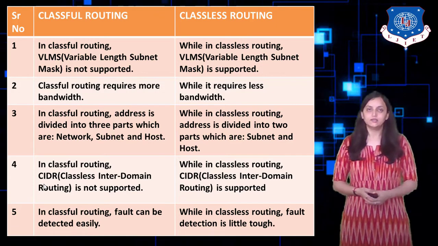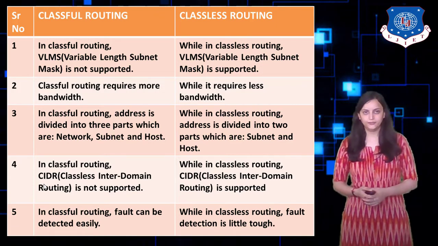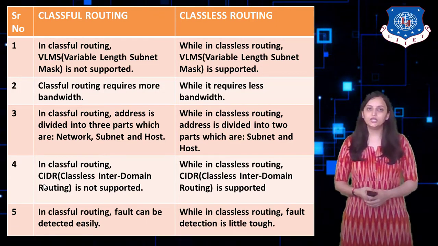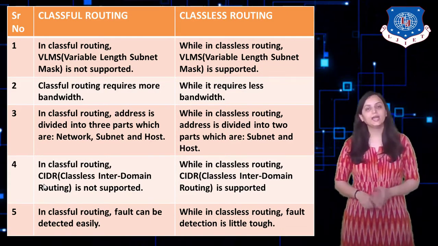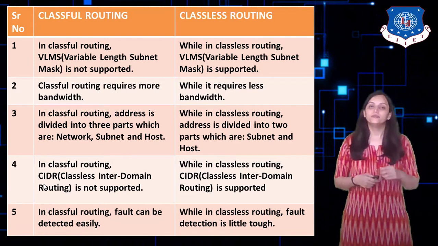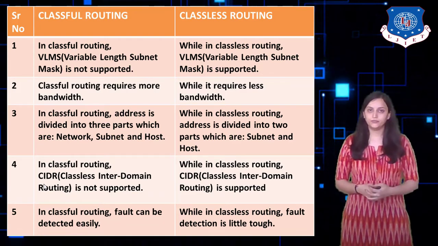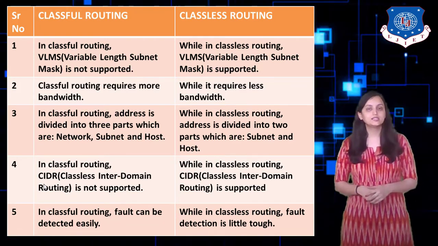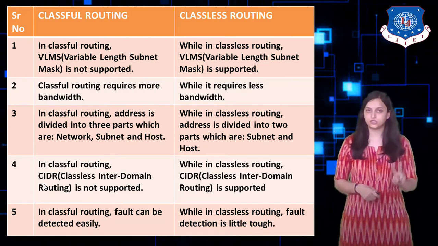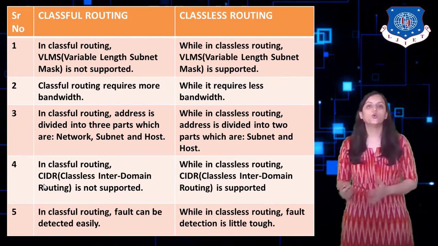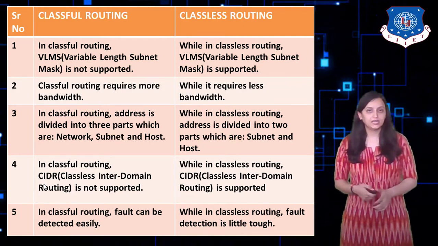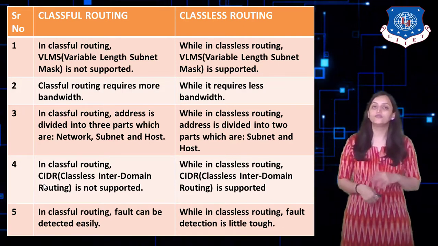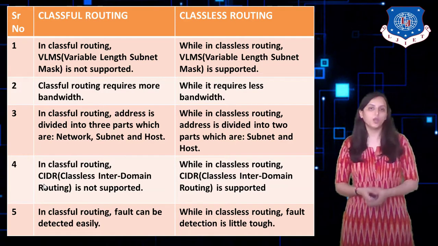The third point is that in classful routing, the address is divided into three parts, which are network, subnet and host. Whereas in classless routing, they are not divided into three parts, but into two parts only, subnet and host. Here, the mask is not there because it may change and it is of variable length according to the network topology.